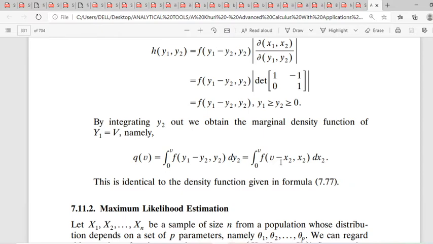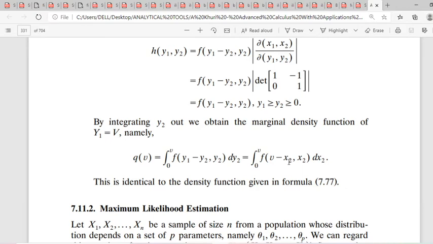These are integration variables. Instead of y2 we can use x2, no problem. Moreover, we know that y1 is v, so we can replace y1 with v and y2 with x2. y2 is only an integration variable, with no association with the earlier y2 we discussed.